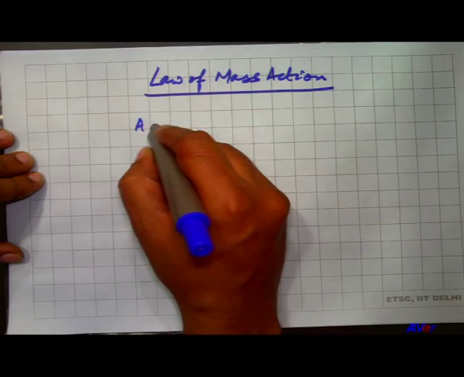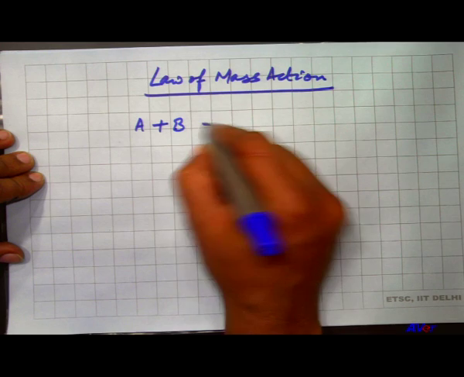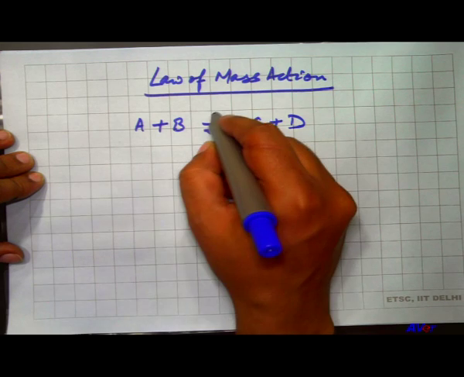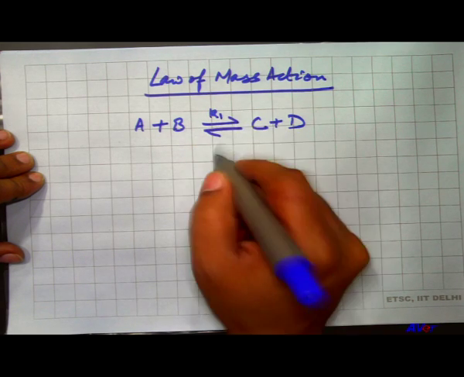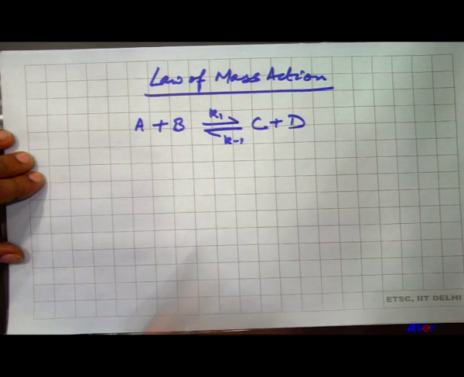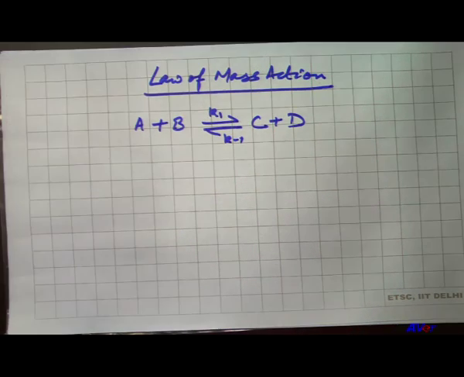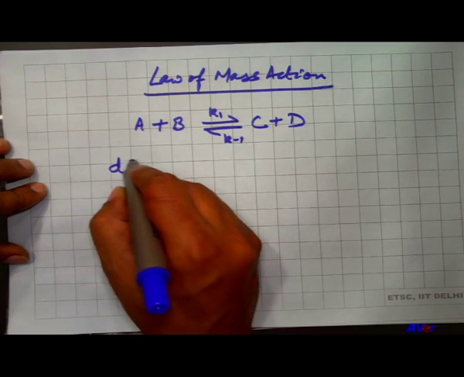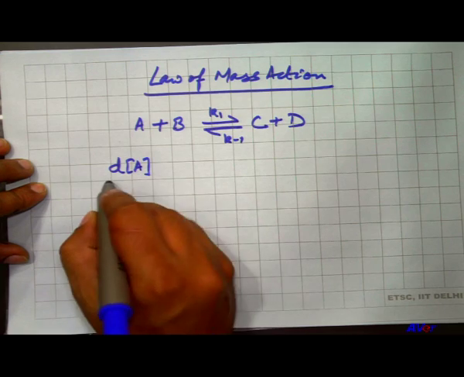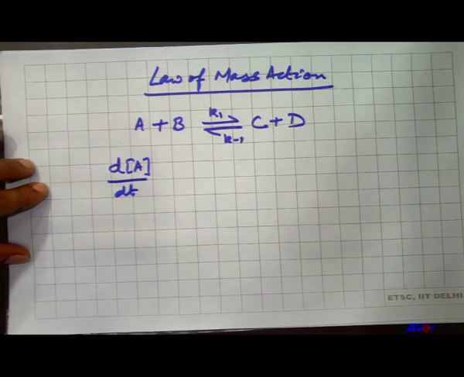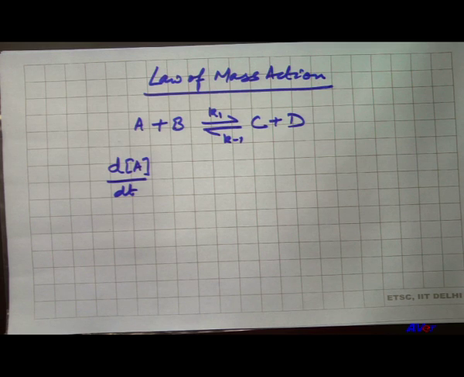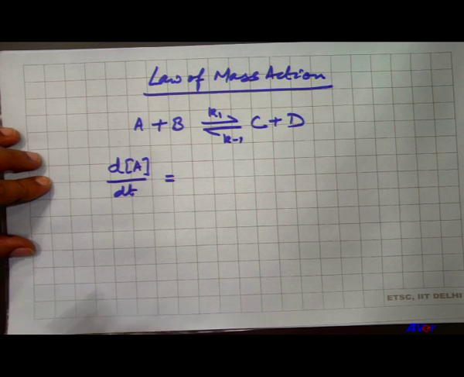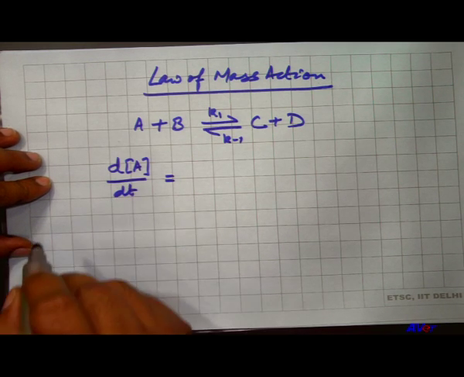Let us say reactants A plus B react to give products C plus D. Let us say the forward rate constant is K1 and the backward rate constant is K minus 1. What law of mass action says is that in a closed system, the rate of change of concentration of a particular species of molecules, let us consider A in this case, A is going to change how?